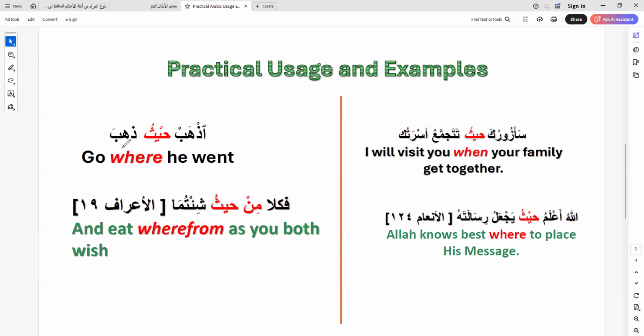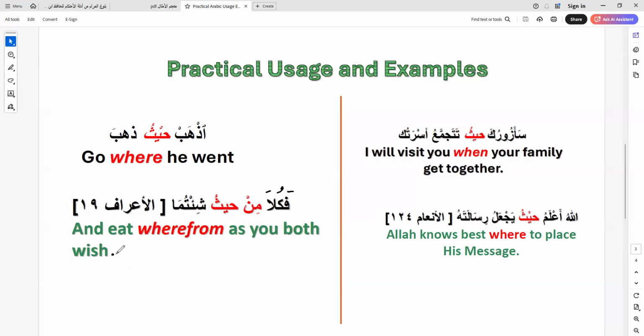And in the Quran, Surah Al-A'raf, Allah uses حيث. فَكُلَا مِنْ حَيْثُ شِئْتُمَا. And eat wherefrom as you both wish.